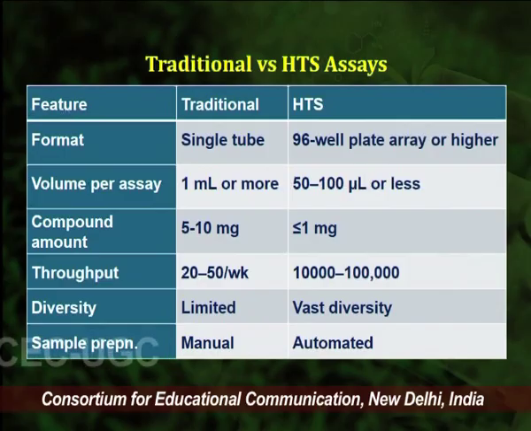Since in traditional assays we used to handle one compound at a time, in a limited period of time the chemical diversity of the compounds screened for a particular disorder was limited, whereas in high throughput screening, as I told you, we can handle 10,000 to 1 lakh test compounds in one day. So we can have a vast chemical diversity. The sample preparation and assay methods were manual in traditional screening, and HTS, as per the definition we discussed, is a completely automated process.